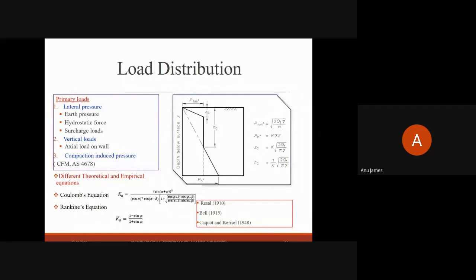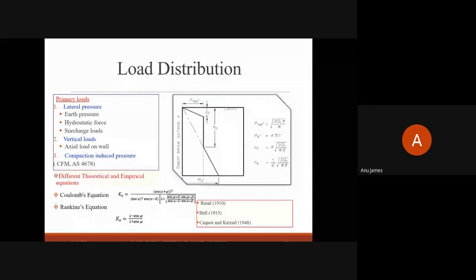So compaction-induced pressures need to be considered if required. The Canadian Foundation Engineering Manual and the Australian Standard for Earth Retaining Structures, that is AS 4678, these two standards provide enough information regarding how to calculate the compaction-induced pressures for a deep excavation.